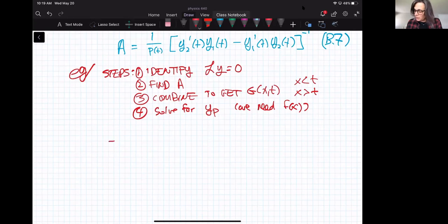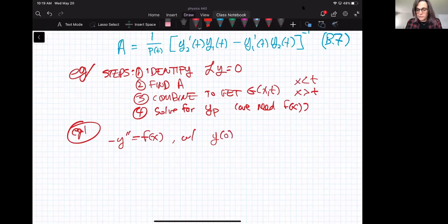So this is example 1. Minus y double prime is equal to f of x with the boundary conditions y of 0 is equal to y of 1 is equal to 0.